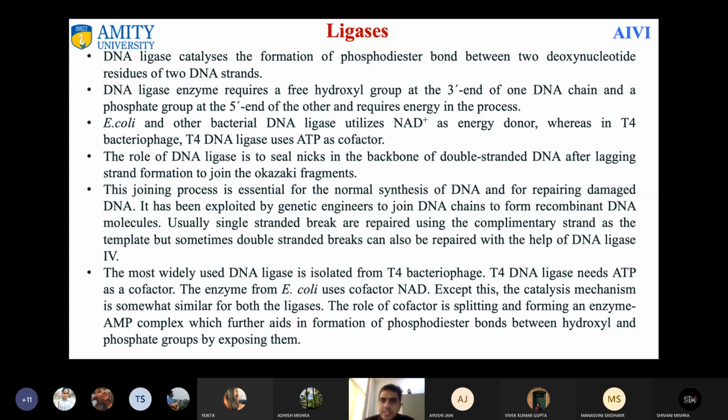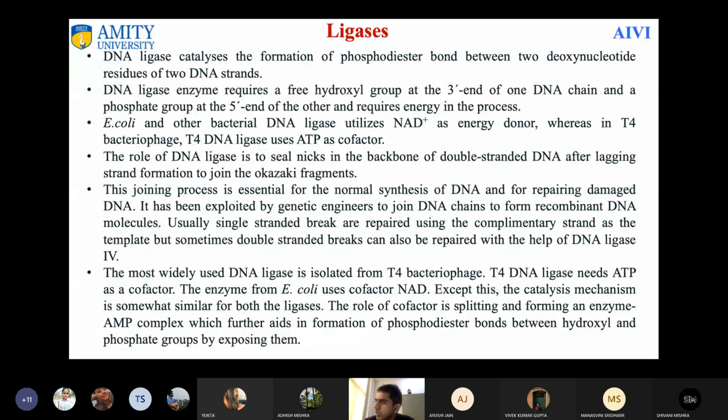The role of DNA ligase, as we mentioned, is to seal the nick, or simply to join the ends, or to join the sugar phosphate backbone. So in case of your DNA replication, you utilize it for joining the lagging strands, or simply the Okazaki fragments that you are having there. The joining process is essentially normal in your DNA synthesis, repair also.